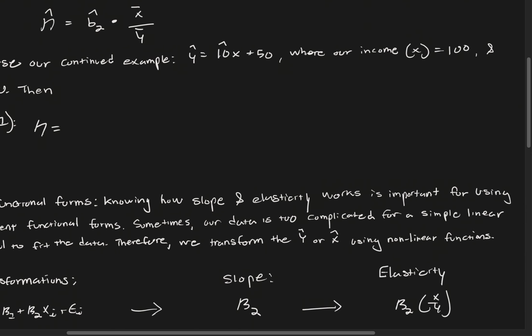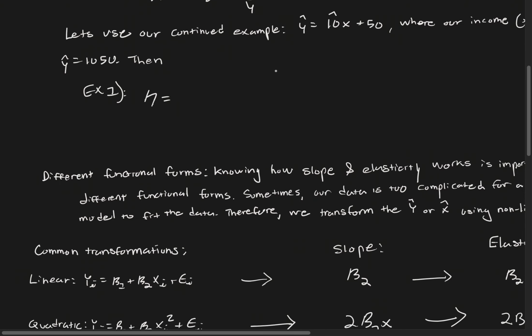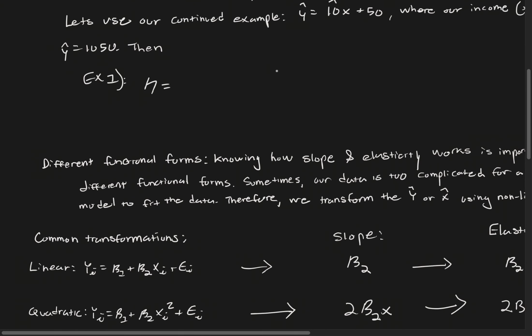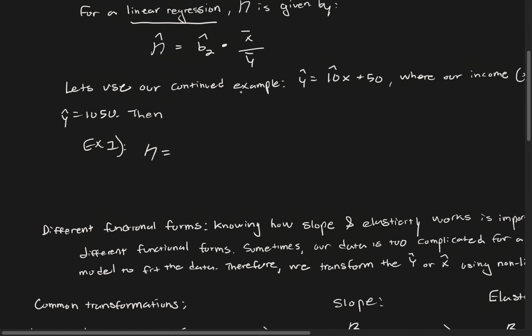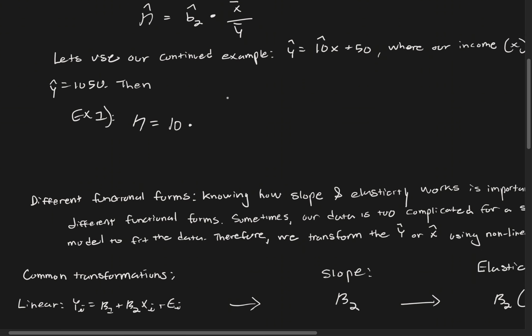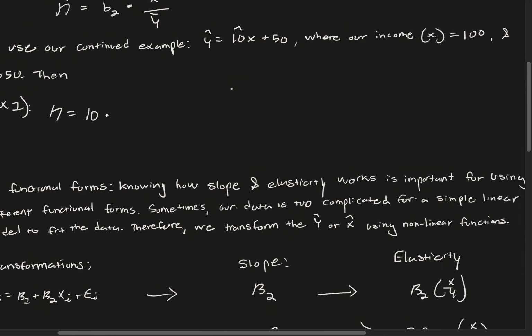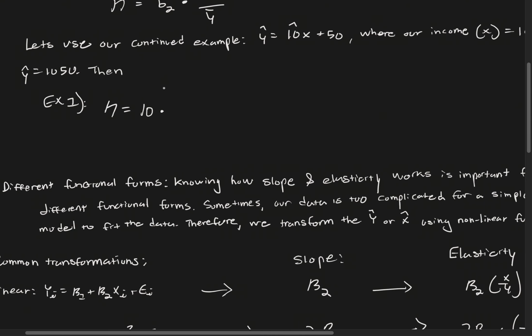Okay, so we found out from the last video that our y hat will be 1050, but if we're calculating the elasticity, our beta 2 will be given by 10, times the mean of x over the mean of y, which in our example, the income is 100 and our y value is 1050. So we'll just substitute those in.